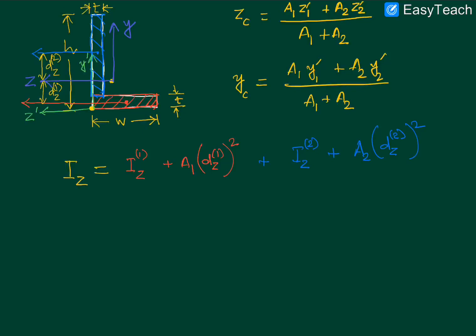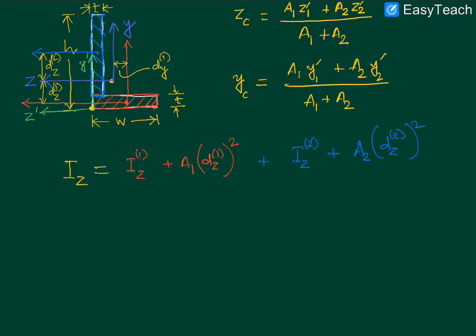So let's try to do that, even though it may clutter up the diagram a bit, but let's just go ahead with it. Okay, so again, coming back to this red colored cross section, this red colored rectangle, we have the y centroidal axis like this, and this distance will be dy1.